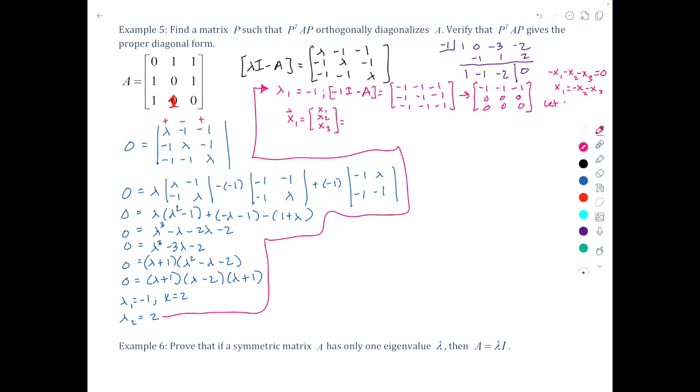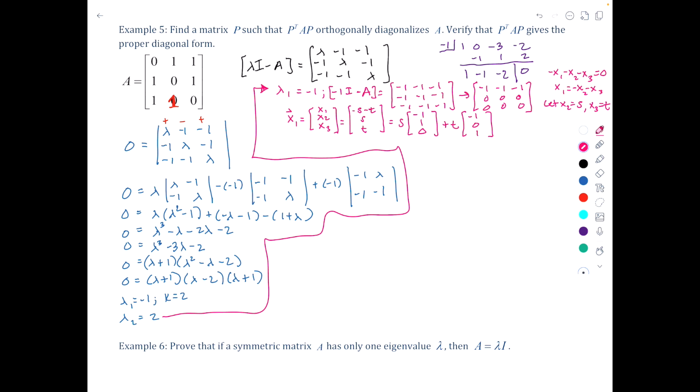And if we let x2 equal s and x3 equal t, we'll have x1 is negative s minus t, x2 is s and x3 is t, and then if you separate them, you would have s times negative 1, 1, 0 plus t times negative 1, 0, 1. Cool, cool?